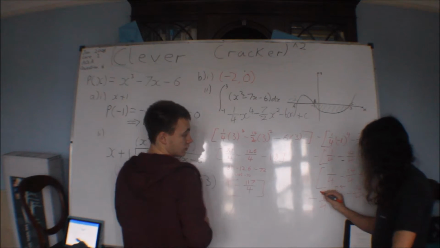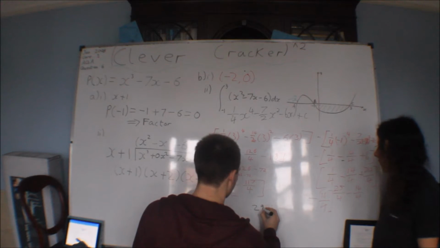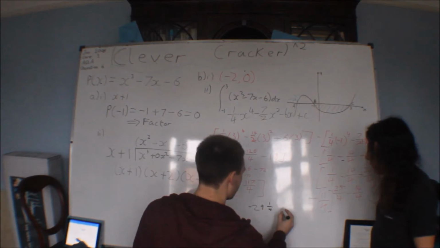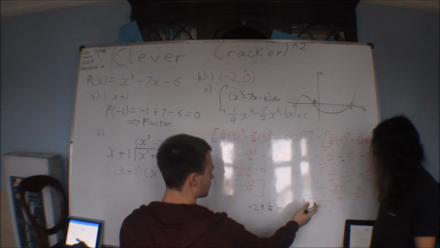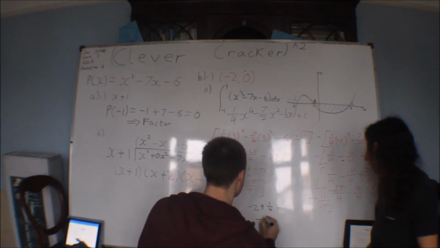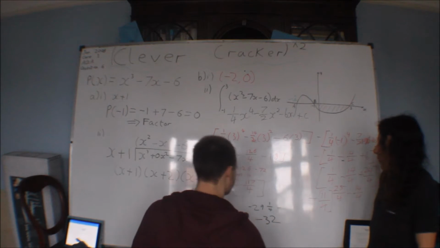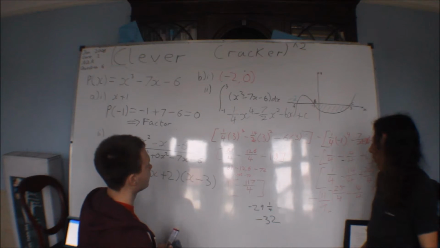Yeah, that's my half. Okay, so I've got 29 and a quarter minus another 2 and 3/4. That is minus 32 altogether. So that was awkward because of the quarters, but other than that, reasonably simple.